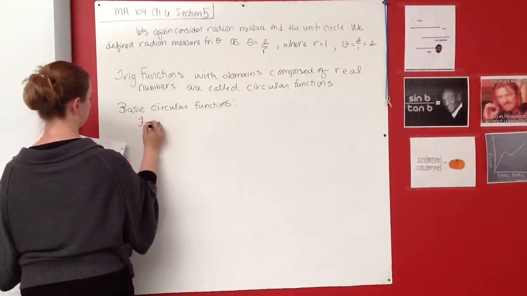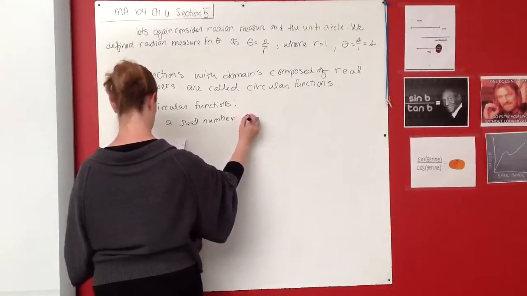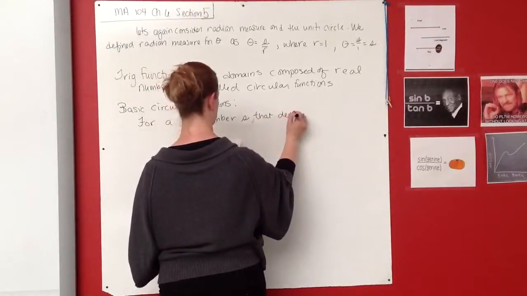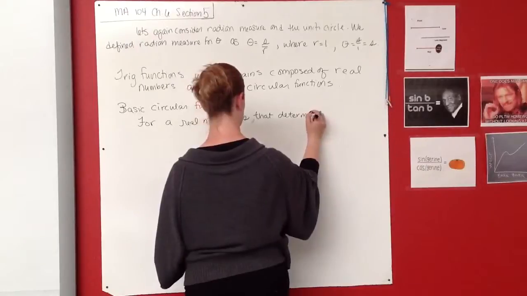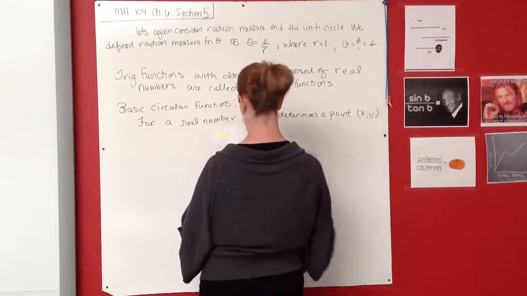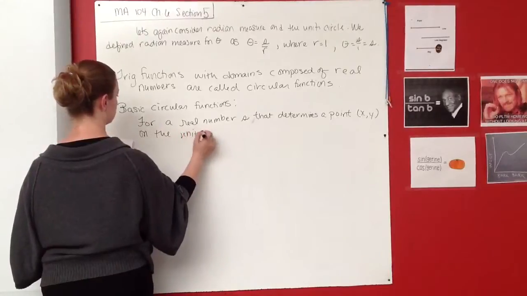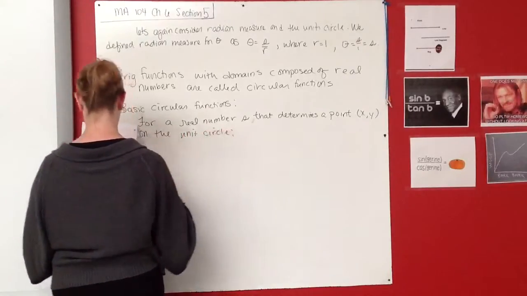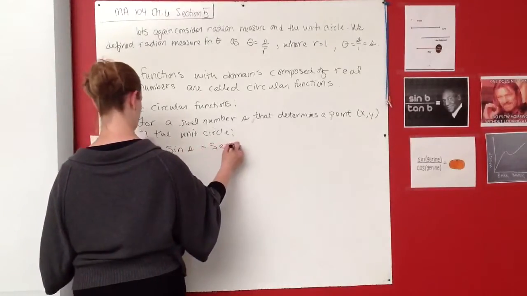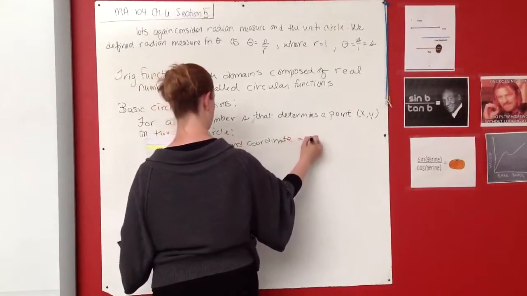For a real number S, that determines a point, and we'll just call the point xy for right now, on the unit circle, we have the sine of S to be the second coordinate, or what we call the y coordinate.